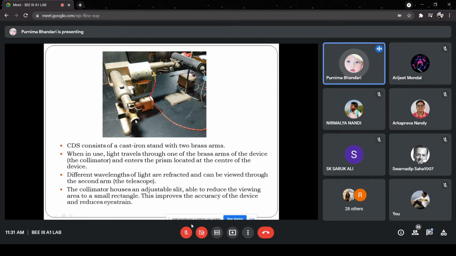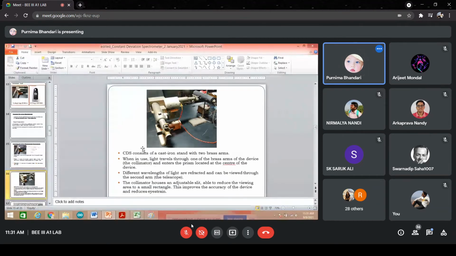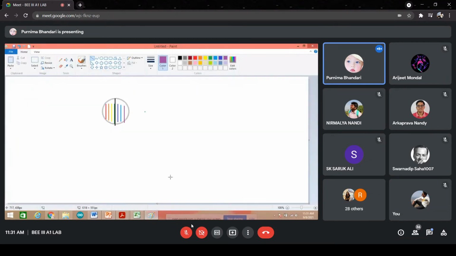In the eyepiece there will be one wire like this. If the spectral lines come, we have to coincide the spectral lines with this wire, so that it gives the measurement on the drum.